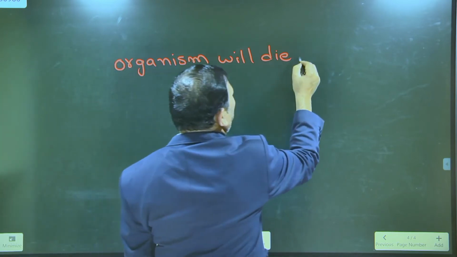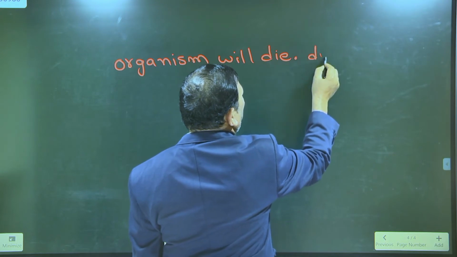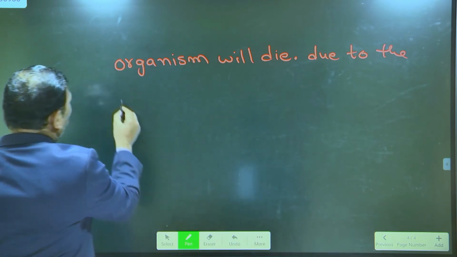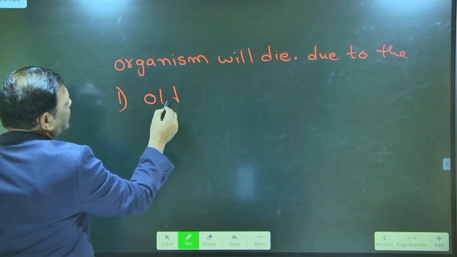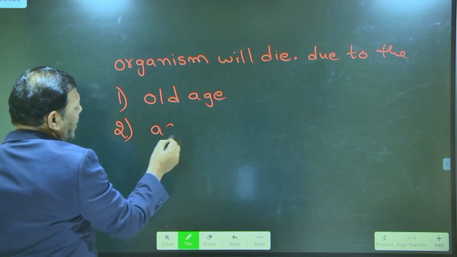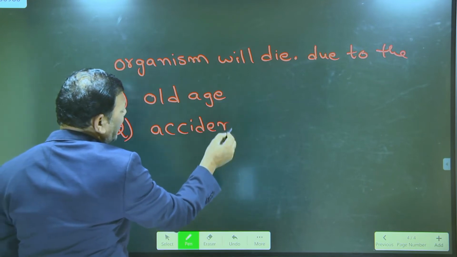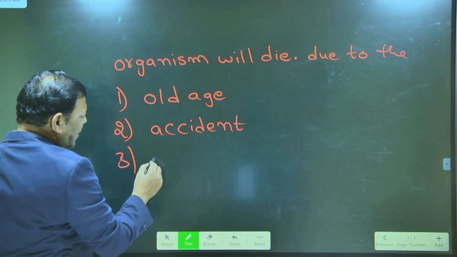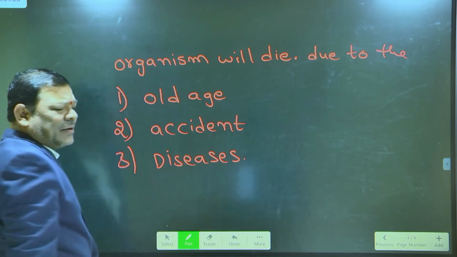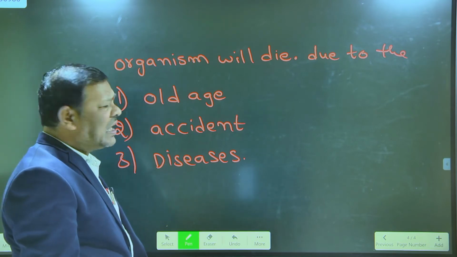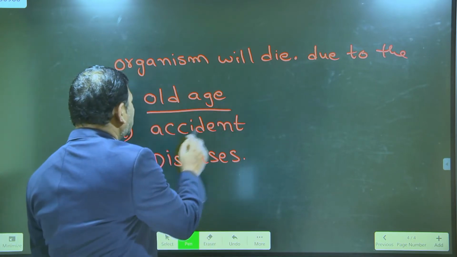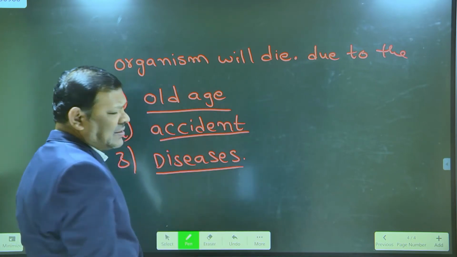Due to old age, due to accidents, due to diseases. Organisms will die due to old age, accidents, and diseases.